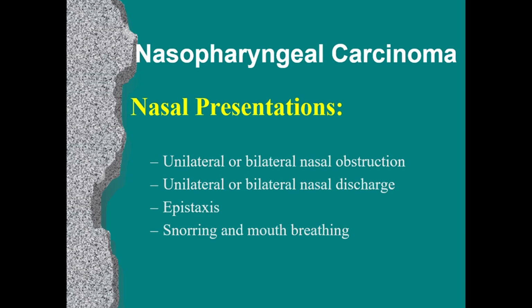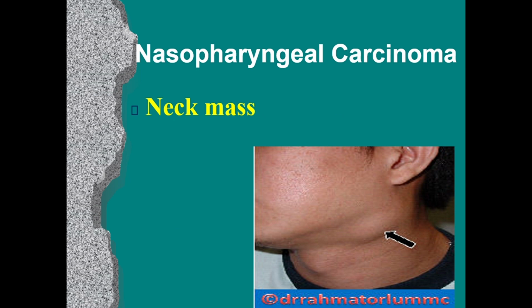This is a fixed item with any tumor, with any fibroma, with nasopharyngeal carcinoma, with adenoid, with any nasopharyngeal mass. Neck mass: the patient may present with a neck mass as a result of lymphatic spread to the cervical lymph nodes. And lymph node enlargement as a result of nasopharyngeal carcinoma is characterized by being painless.